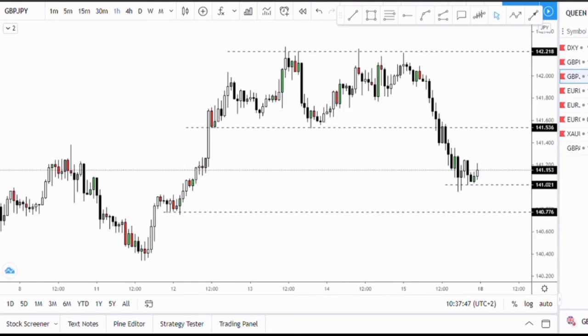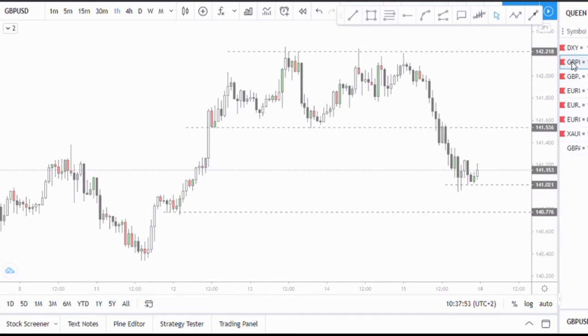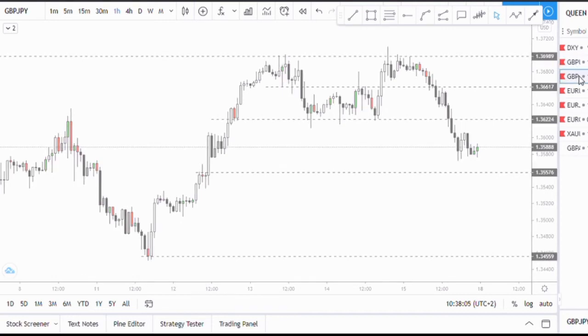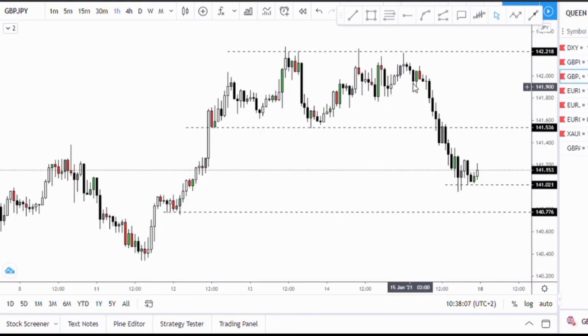If it's the pound, then the pairs should move in a very similar way. If it's USD, then you would see pound USD doing something a little bit different. So right now, if we take a look at pound yen, I actually caught this trade.